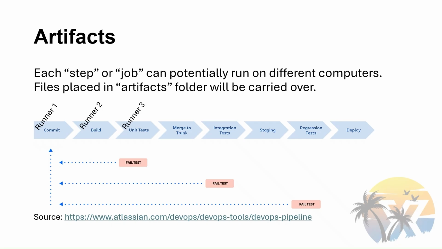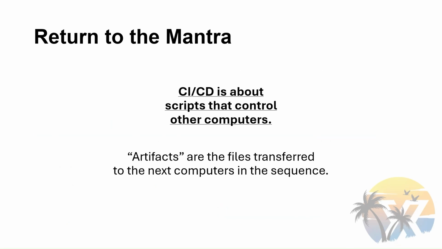In order to transfer files from one runner to the other, you have to basically declare it as an artifact and put it in a specific folder. So files placed in the artifacts folder and called out within the YAML file will be carried over between runners. That's all an artifact is, saying, hey, take this file and move it to the next runner in this pipeline. That was an easy one.